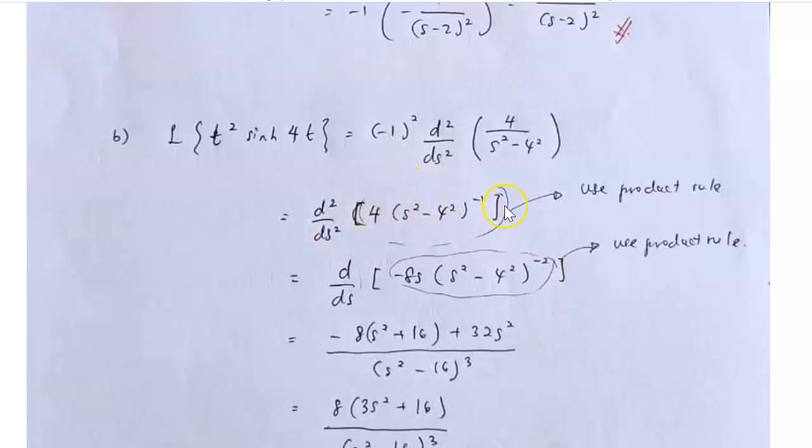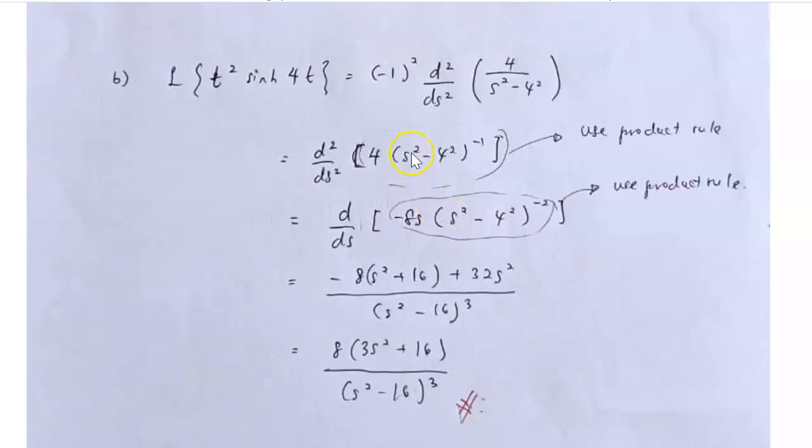So here we need to use the product rule, that is v du/dx plus u dv/dx. Then we get the differentiation of this, which is negative 8s over (s squared minus 4 squared) squared.